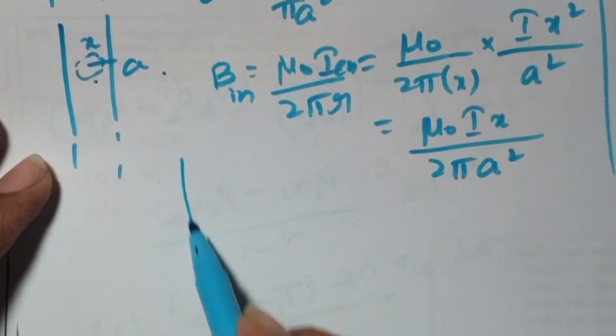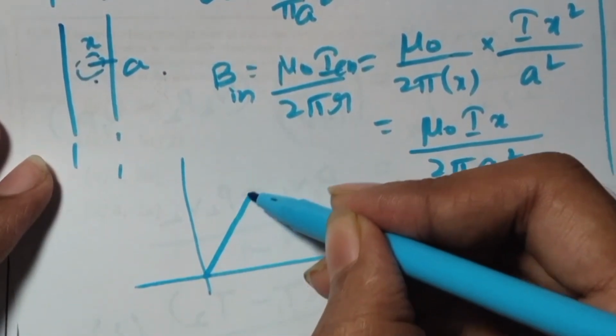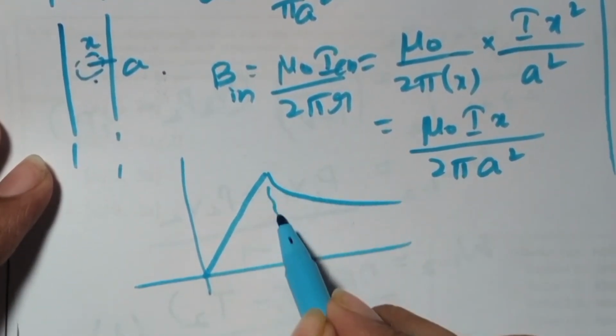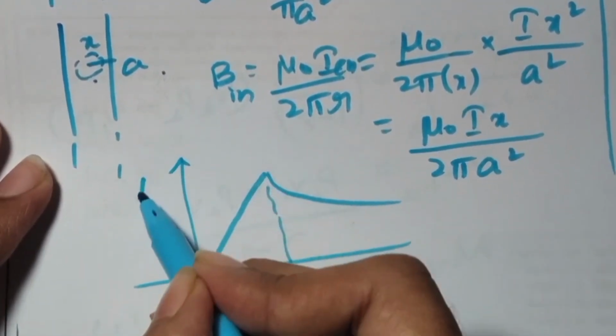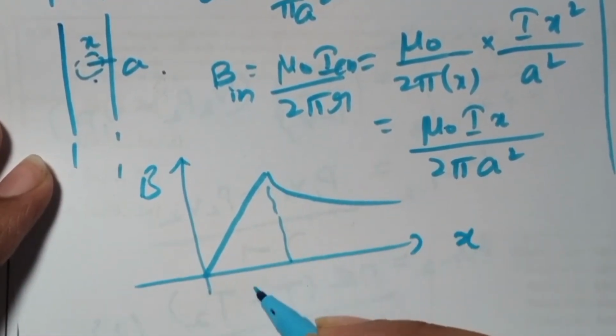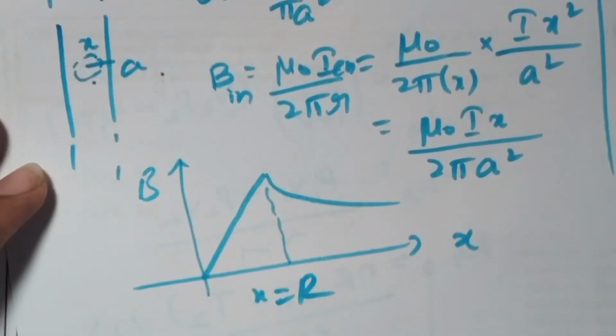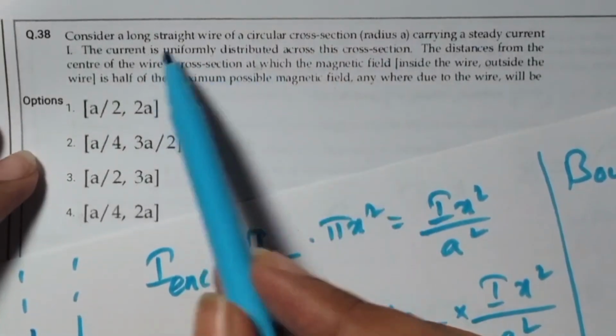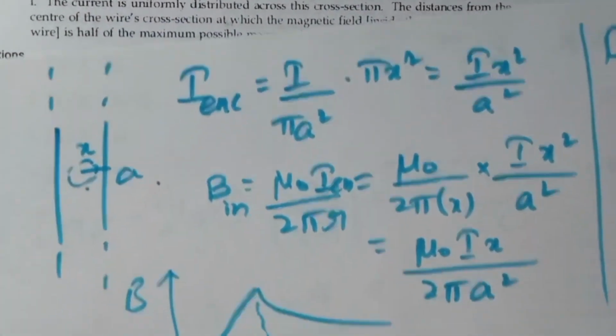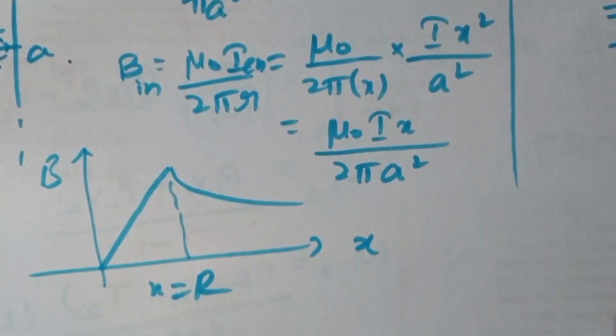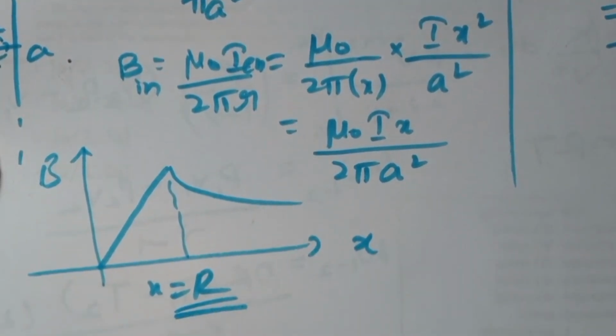That means the graph comes out like this, for a uniform long straight wire carrying a current. They are not asking for the maximum; the maximum will be at r, which everyone knows.